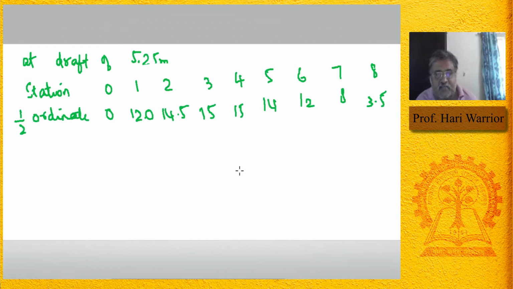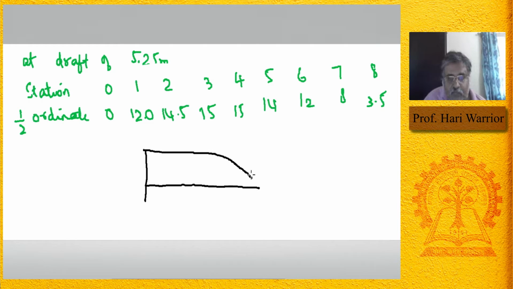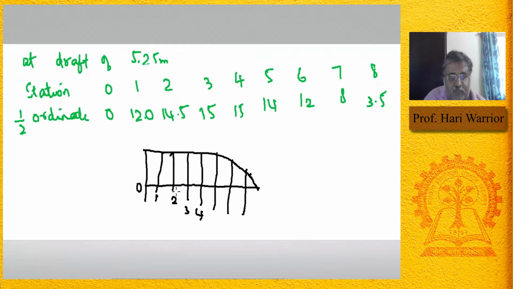So basically what this means is that at different stations 0, 1, 2, 3, 4, etc. you are given the distances like this. 0, it started from here actually, because half ordinate is 0.